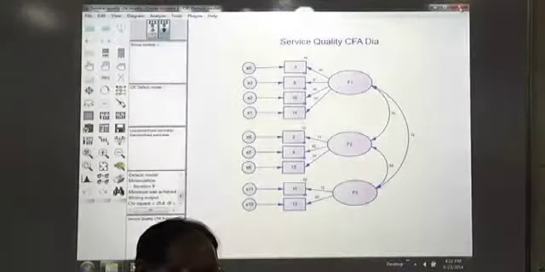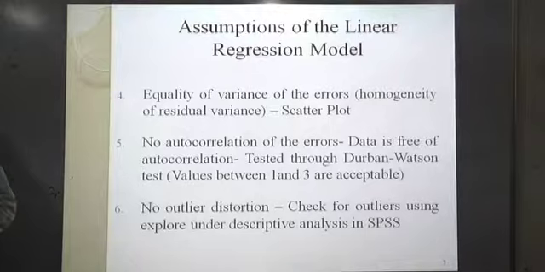The values should be 2 plus and minus 1. That means it should vary between 1 to 3. Two indicates zero autocorrelation. So, the closer the Durbin-Watson is to 2, it shows low autocorrelation or no autocorrelation.